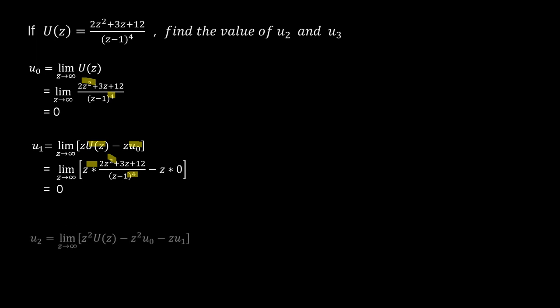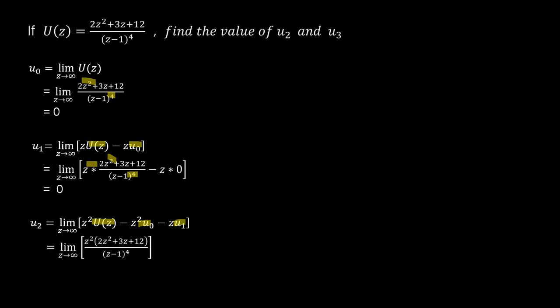Now, u2 is equal to limit of z square into U(z) minus z square into u0 minus z into u1 as z tends to infinity. By substituting U(z), u0 and u1, u2 becomes limit z tends to infinity (2 into z to the power 4 plus 3 into z cube plus 12 into z square) divided by (z minus 1) whole to the power 4.